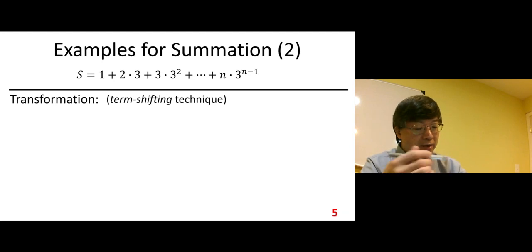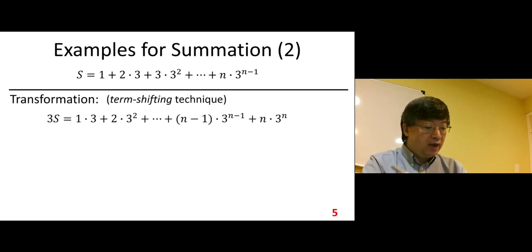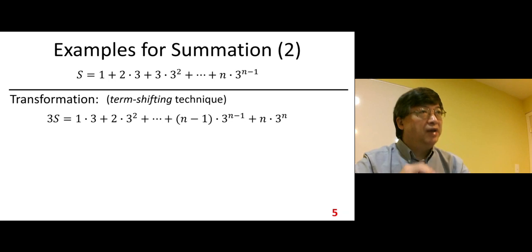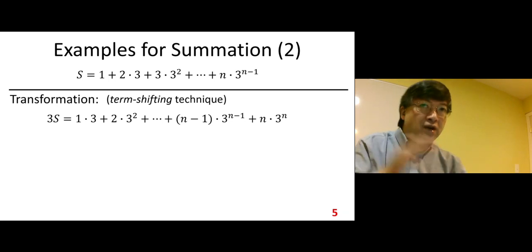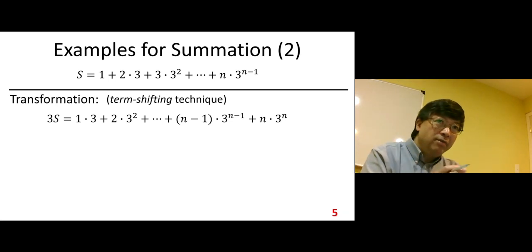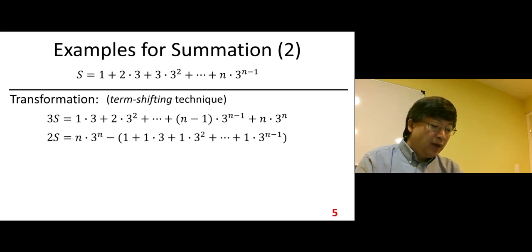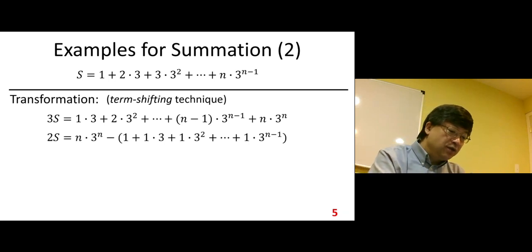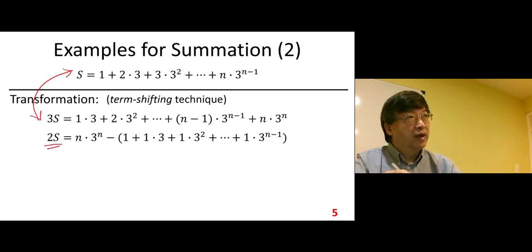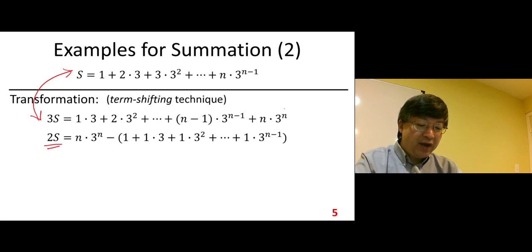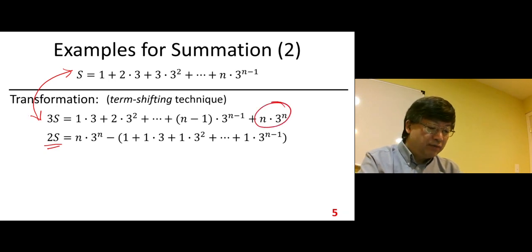Transformation, the same technique. We multiply by 3 on both sides, still doing the term shift with the base number 3. Then we do subtraction, 3s minus s, so we get 2s on the left-hand side. On the right-hand side, the last term we put here.